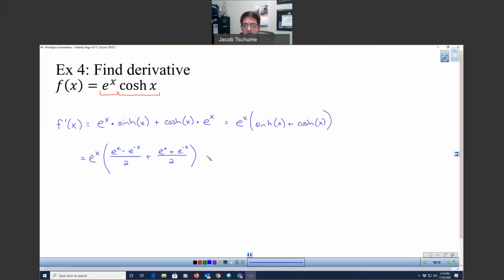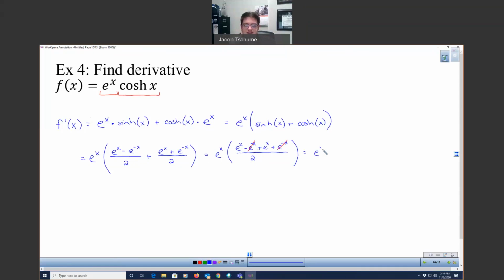Since they have common denominators, we can put those together so that the e to the x out front stays there. And when I add these fractions together with a common denominator of 2, you should get e to the x minus e to the negative x plus e to the x plus e to the negative x. Similar to earlier, just a different term this time, your e to the negative x terms are opposite, so they do end up canceling.